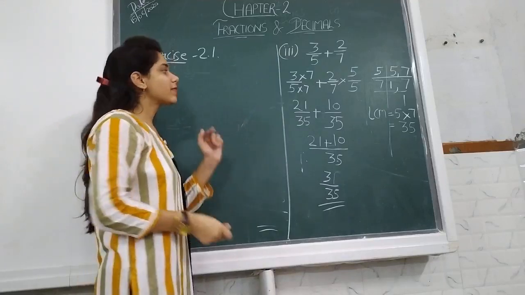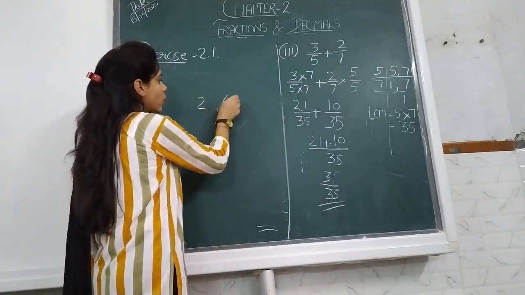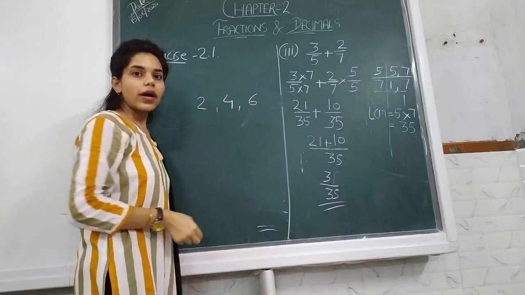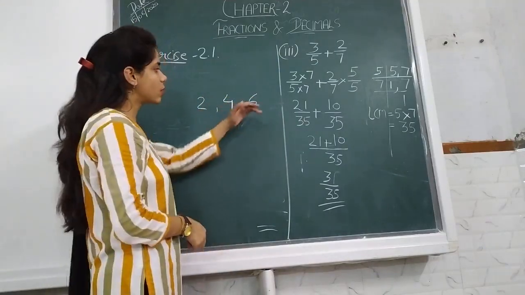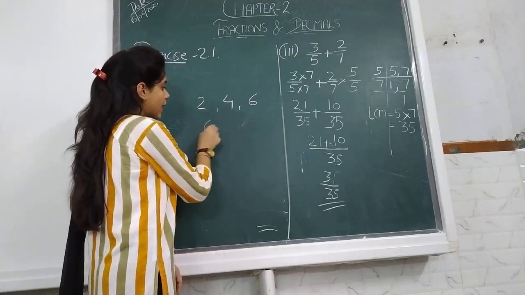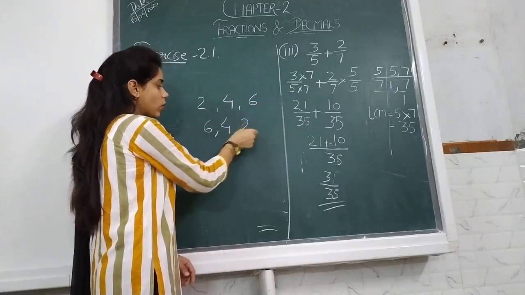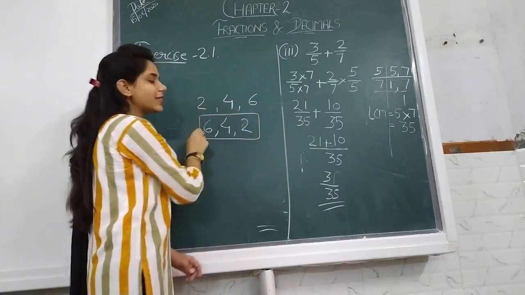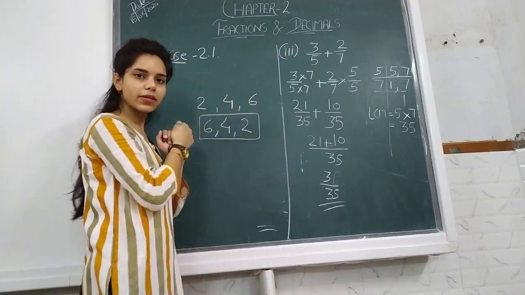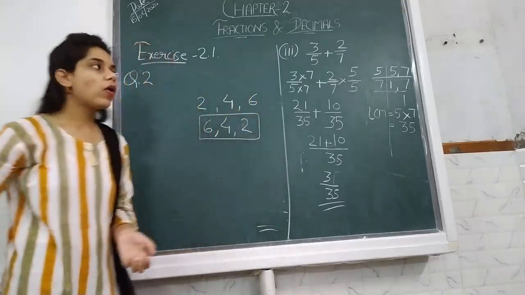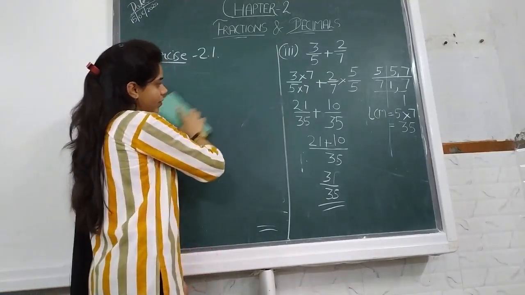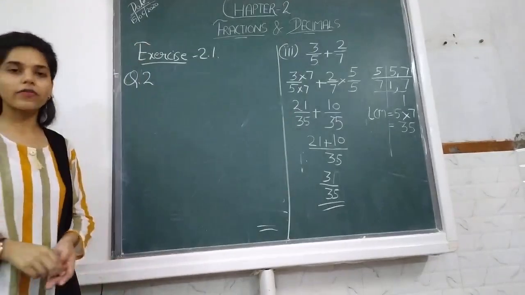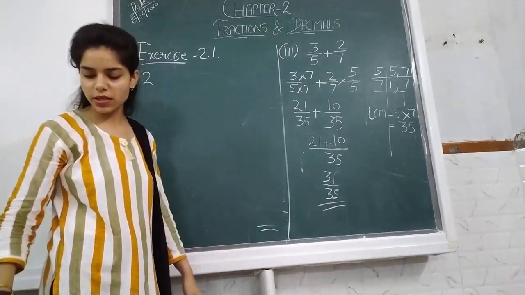Means if there is 2, 4, 6, and I have to arrange these natural numbers in descending order, first I will put 6, then 4, then 2. So this will be the descending order of these natural numbers. Now, if I have to arrange fractions, how will we solve these questions?